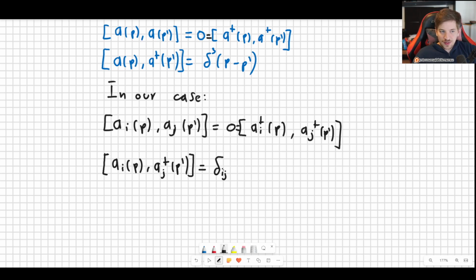If they are different ones, so a_1 and a_2 dagger, they commute, so this commutator would be 0. So we have delta_ij, and then we have the familiar delta cubed of p minus p prime. So it's basically the same as before, but it is good that we went over it just to make sure.